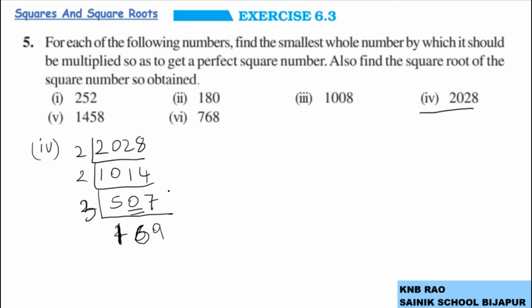So we have to be very cautious while we do the prime factorization. Now this is again an odd number, so we have to cross check. Is it divisible by 3? No, it is not divisible by 3. Is it divisible by 5? No, it is not divisible by 5 either.